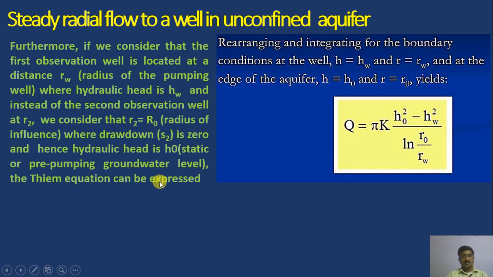The Thiem equation can be written as Q is equal to pi K in the numerator H0 square minus HW square divided by log natural R0 by RW. As we have discussed, we are considering the conditions here H equal to HW, R equal to RW, and at the edge of the aquifer H equal to H0 and R equal to R0.